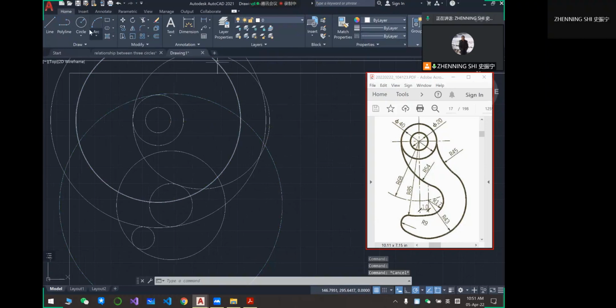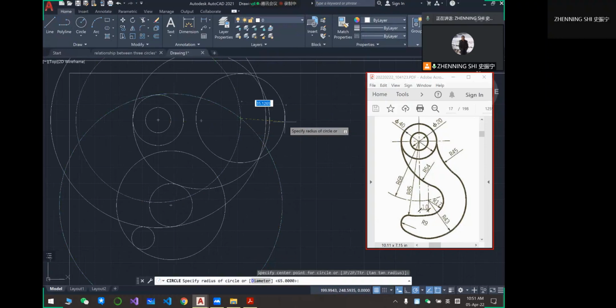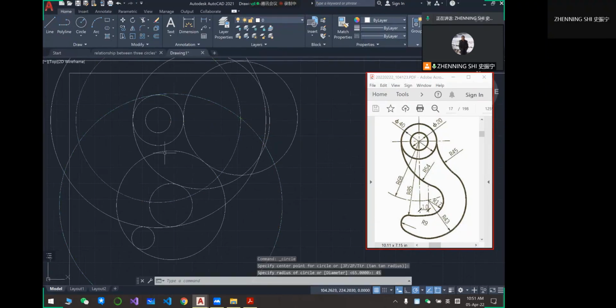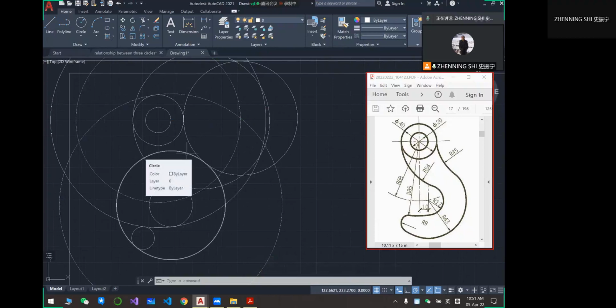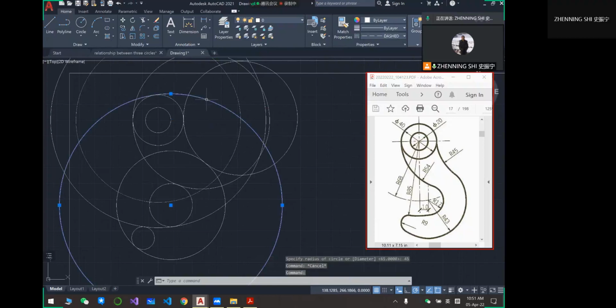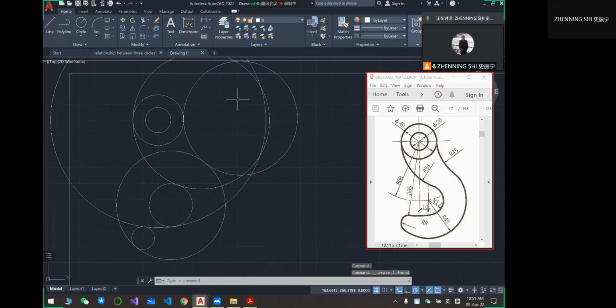Okay, I think now I can draw the circle with a radius of 45. You can see it is circumscribed with both this circle and this one. Okay, and let me delete the auxiliary lines.